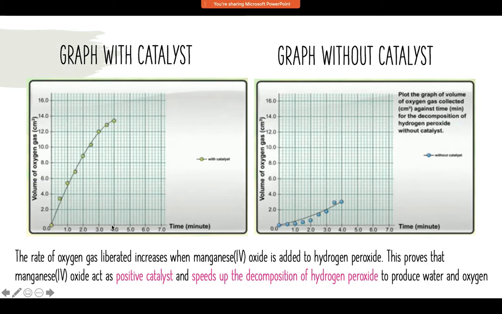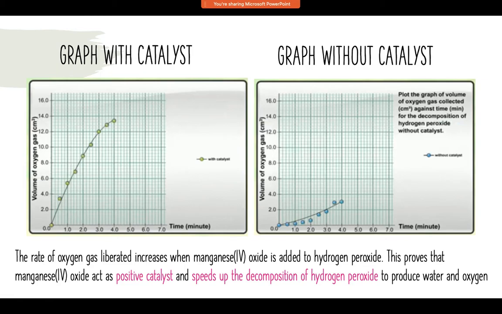So as you can see here, at minute 4, the production of the oxygen gas yang diproduce adalah 13 point something. Okay, while for the reaction that does not use catalyst, at minute 4, the volume of oxygen gas is 3 cm3.